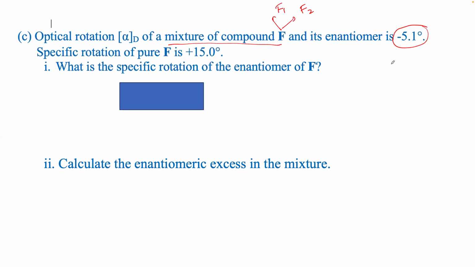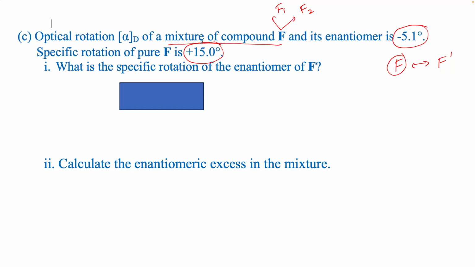So let's say you have compound F and its enantiomer, F prime, or whatever. That's the mixture you have. When you take the pure F, it has specific rotation plus 15. That means if you have only F, it gives you specific rotation plus 15.